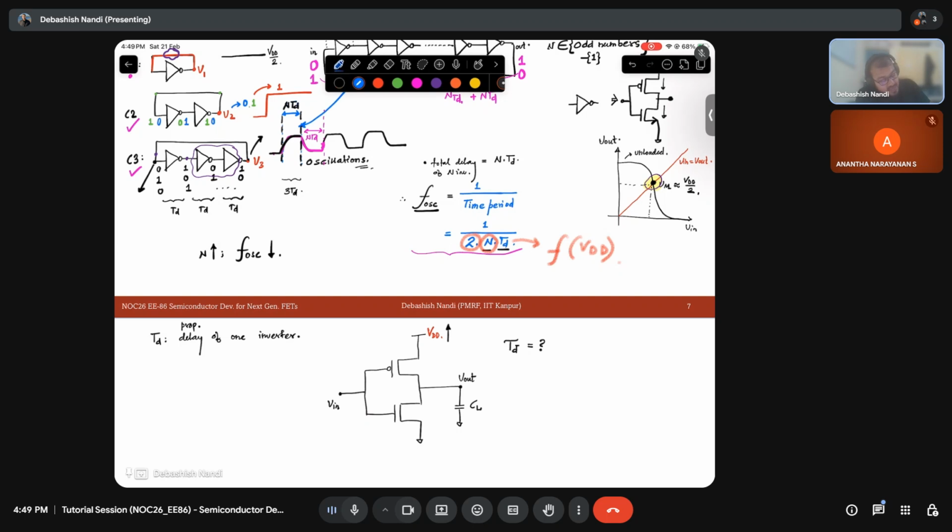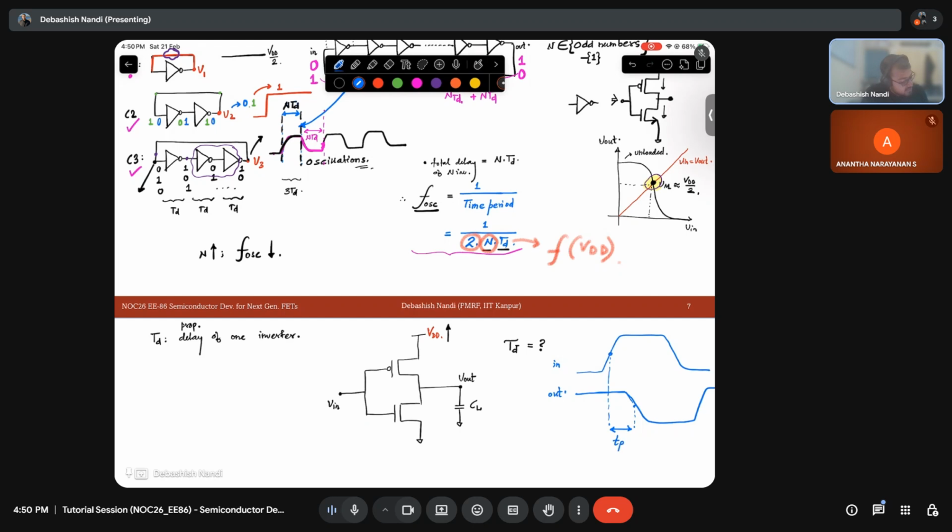This delay is, if you give some positive pulse like this, you will get some negative output like this. So this center to center, 50% of the input, let's say this is the input of the inverter, this is the output of the inverter.